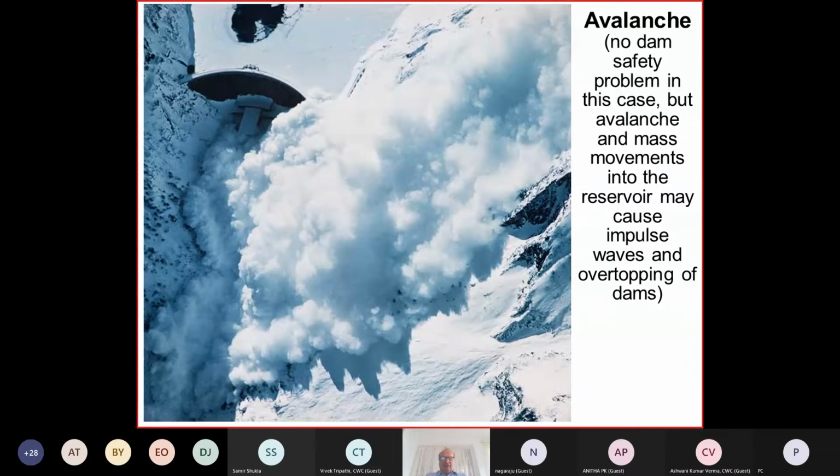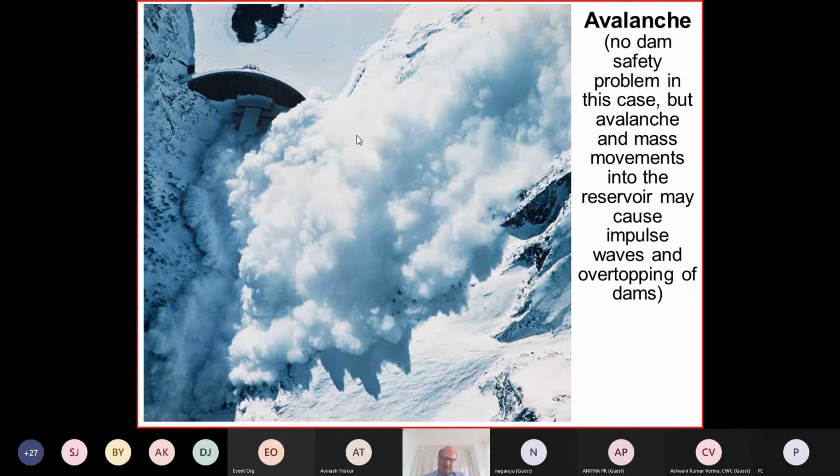Okay, in the mountains, this is from Austria, you have avalanches. This is what we call a powder snow avalanche. If the temperature is low, the snow is basically powder snow, and we have the impact of this avalanche on a dam in Austria.